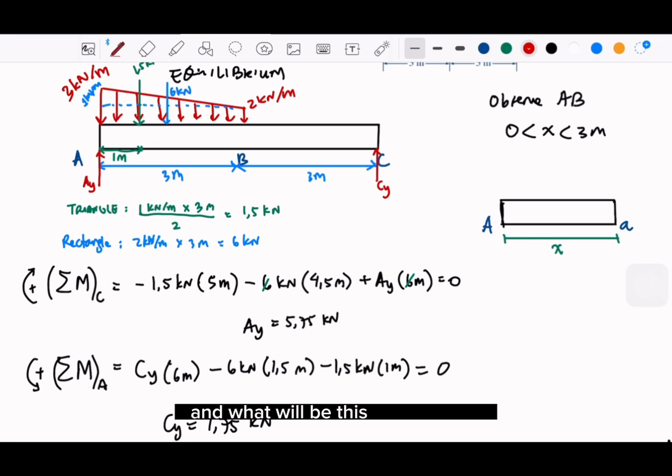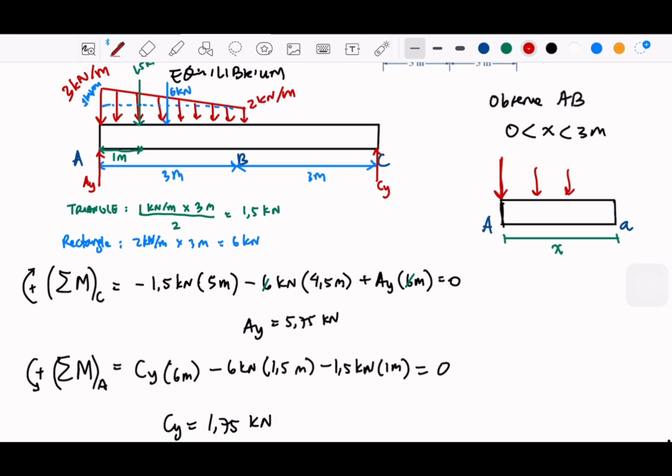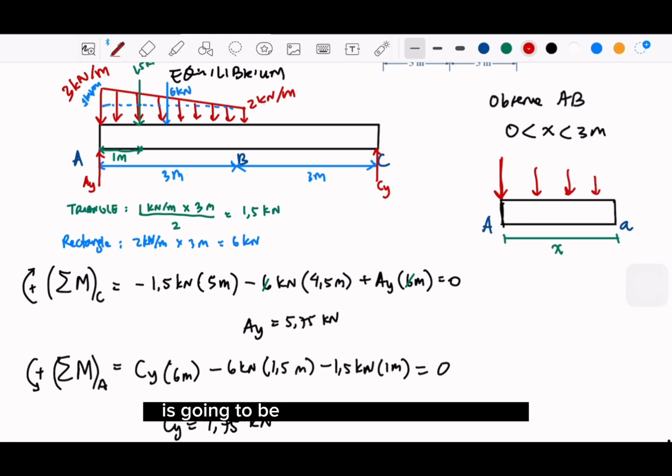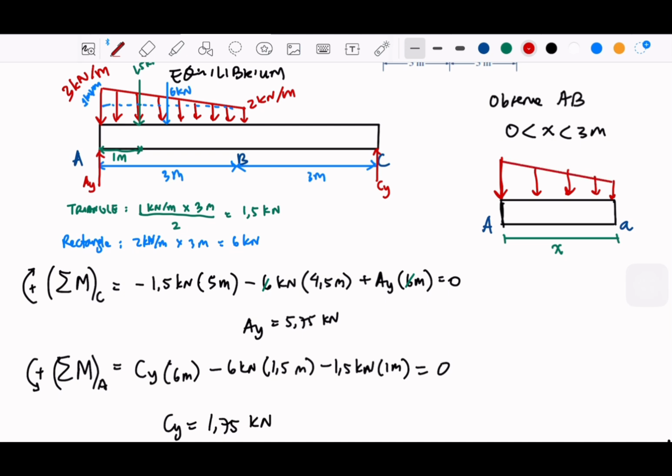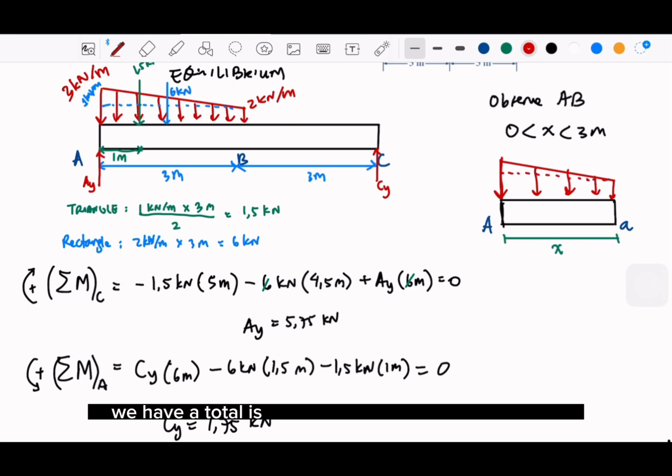And what will be this for the loads? For the loads will be perhaps that way. We have that. So we have the total is 3.